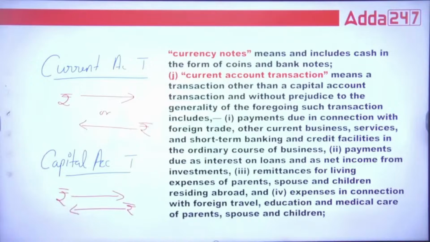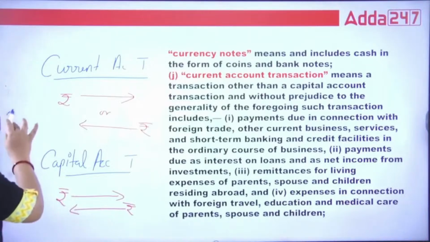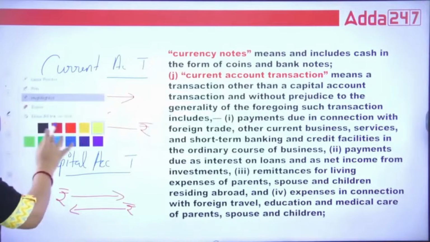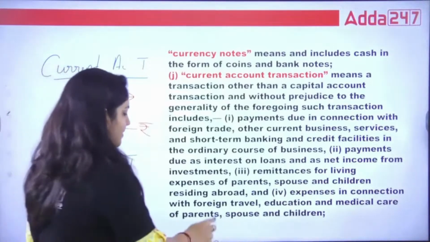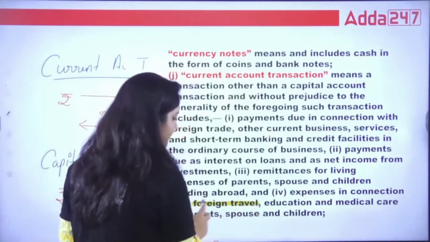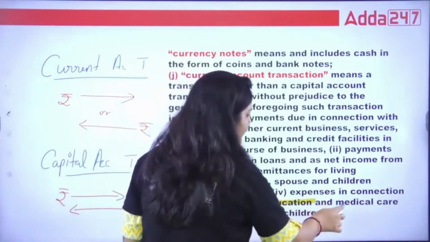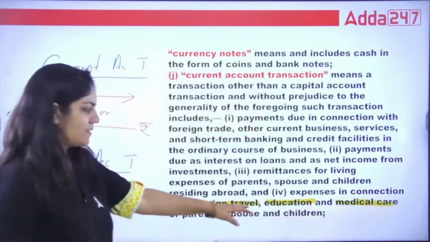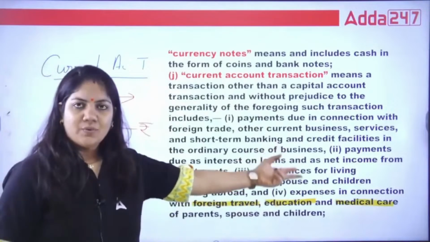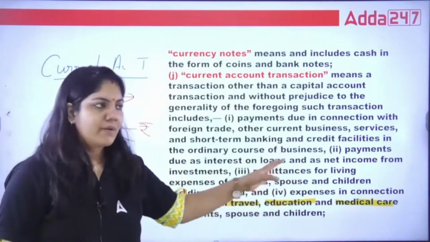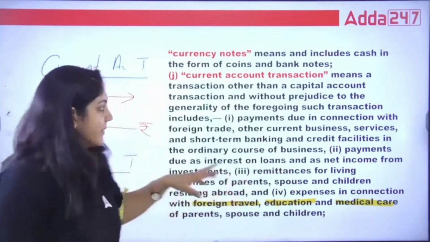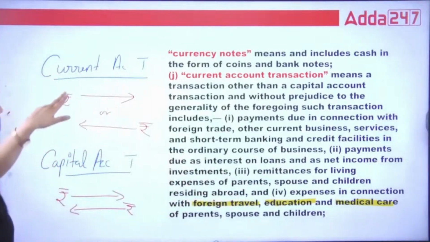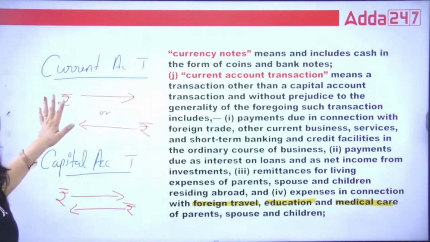If I talk about an example of current account transaction, guys, if you go for foreign travel, education, medical care. Suppose you spent money in USA for education, the money will not come back. This is called current account transaction.